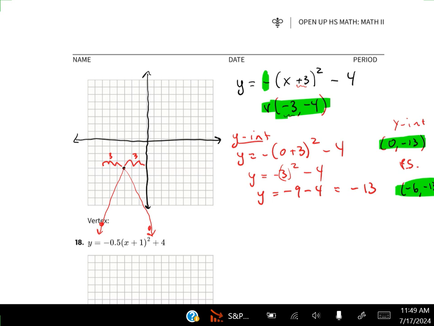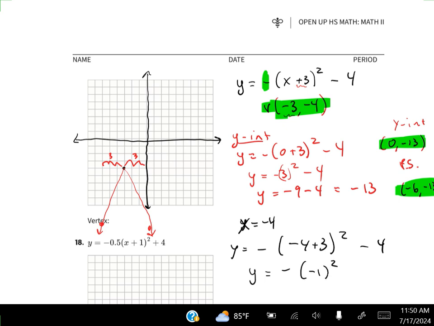Let's say we choose x equals -4. Plugging this in, we get negative (-4 plus 3) squared, so this is going to be negative 1 squared.